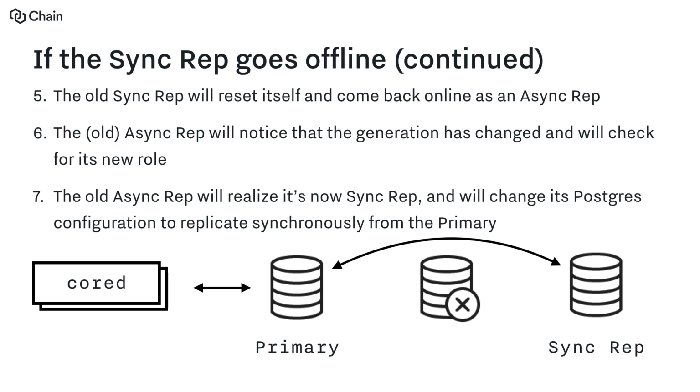And then we fall back into this thing where every node notices something has changed and they put themselves in the right place. The old async rep will now notice that the generation has changed. It will check for its new role, realize it's sync rep, and reconfigure its Postgres process. So again, even with a failure and then some funny business from one of the nodes, we still end up in this safe state.